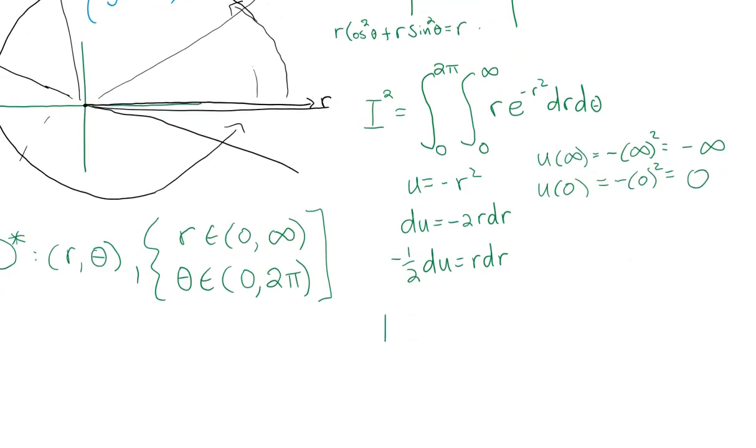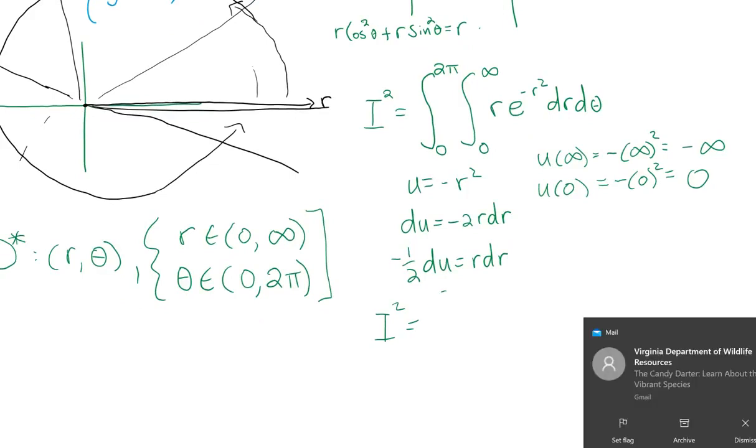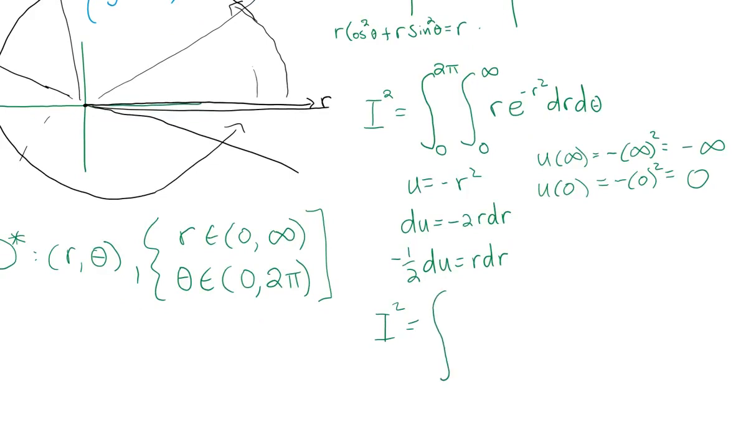So now we have I squared is equal to the integral here of 0 to 2 pi, and then that would be times a minus 1/2, and then the integral from, so our infinity here has turned into a negative infinity, and our 0 has remained a 0, of e to the u du d theta.